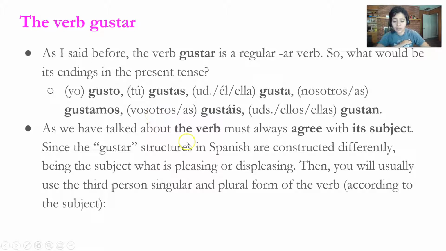So as we have talked about, the verb must always agree with its subject. Since gustar structures in Spanish are constructed differently, the subject being what is pleasing or displeasing, you will usually use the third person singular or plural form of the verb according to the subject, which is gusta and gustan, depending on the subject. And we're going to see this.